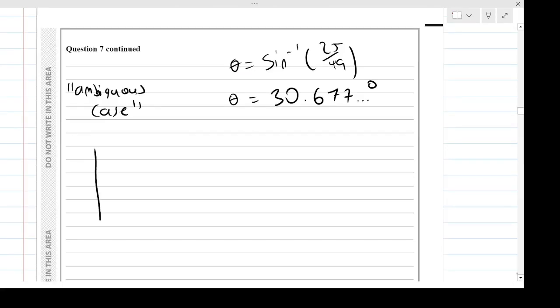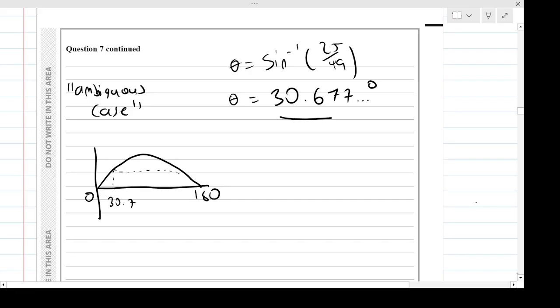If we look at the sine graph, let's say between 0 and 180, the first 180 degrees of the sine graph, obviously it would look like that afterwards. But between 0 and 180, if my first solution is, let's say, 30.7, so it'd be somewhere there, then actually the next solution we read across would be somewhere there.